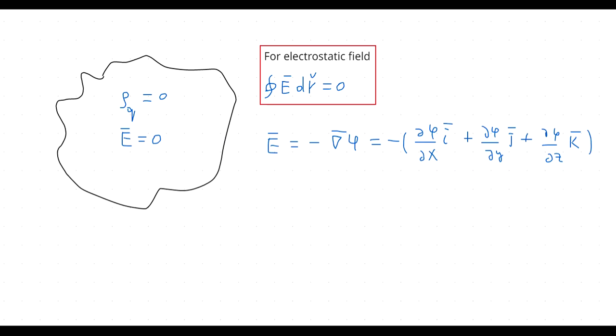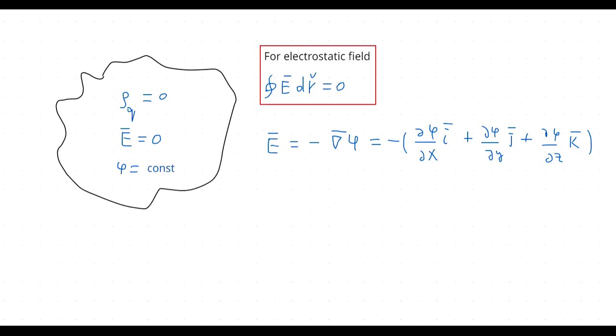So inside a conductor and on its surface, electrostatic potential is constant.